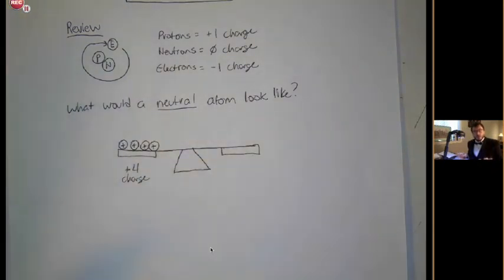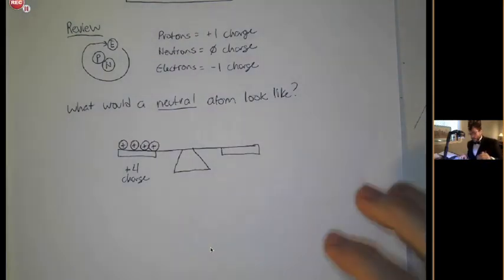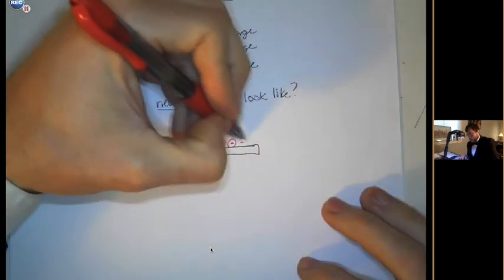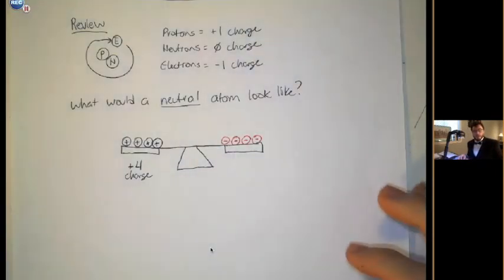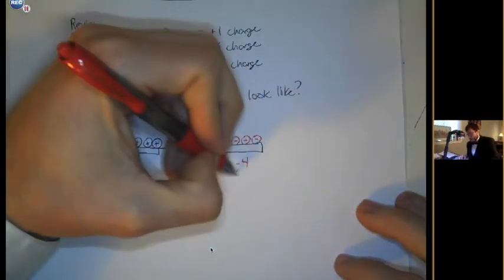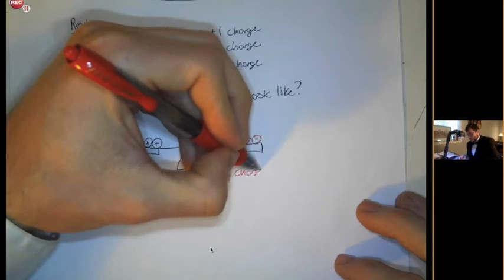And this isn't a difficult question. If you're really on top of things today, you should figure out, wait a minute, we need 4 electrons on the other side, right? If I have 4 electrons, and I'm going to make them negative because they're negatively charged, that's going to give me a -4 charge. But guess what?